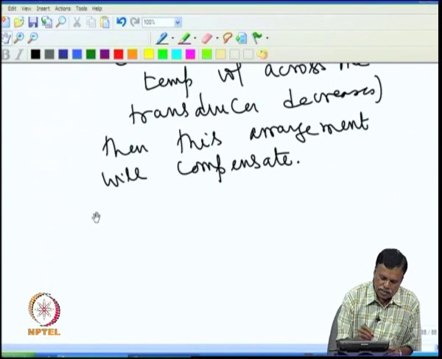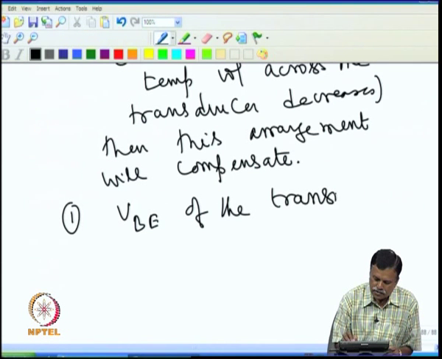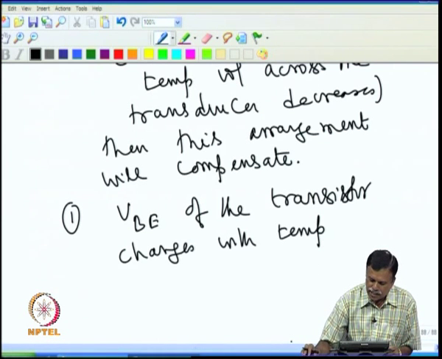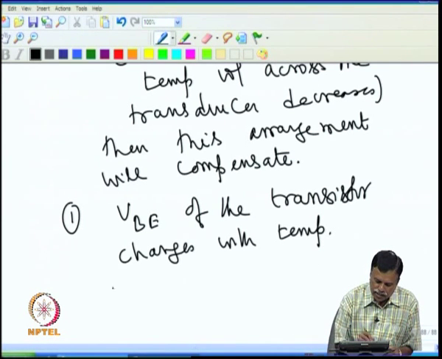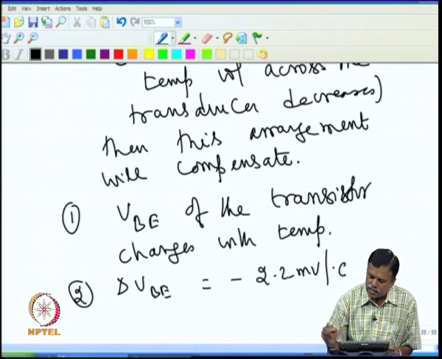So, the important property that is used here is VBE of the transistor. VBE of the transistor changes with temperature. And the change, delta VBE, is equal to minus 2.2 millivolt per degree C, and this is highly reproducible.